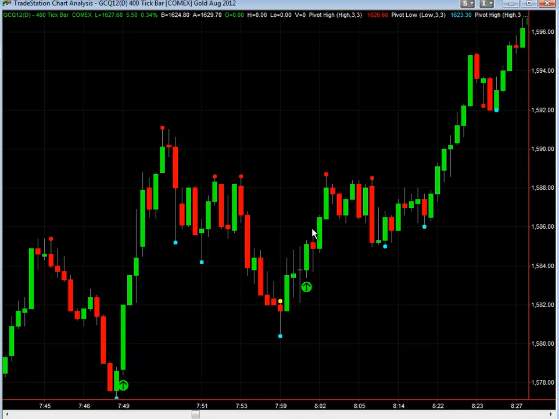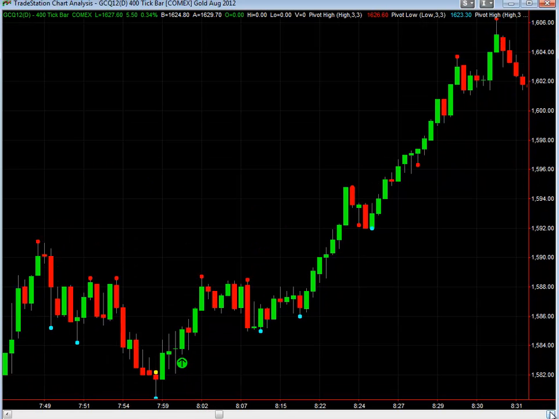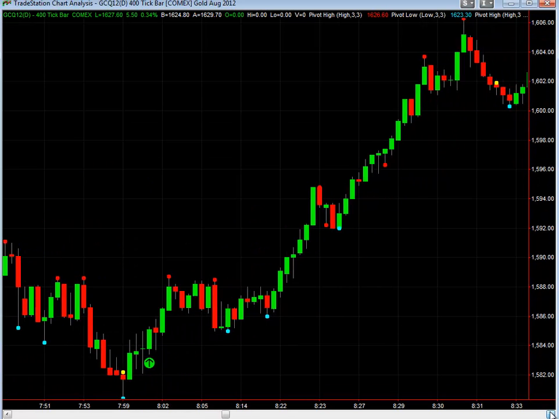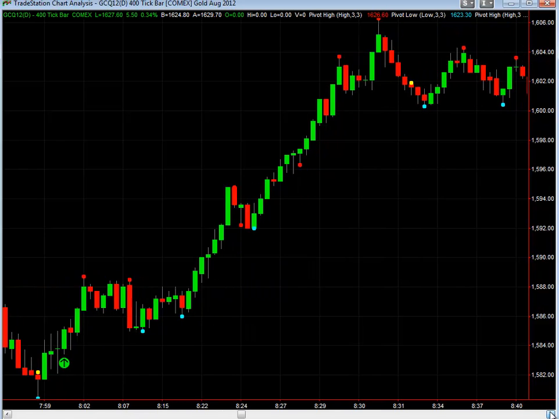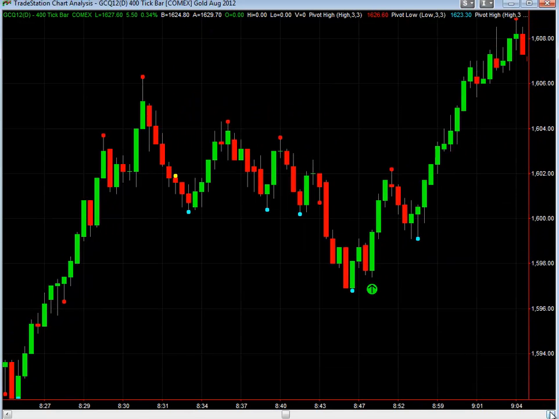These signals have little if any drawdown, and get really good cycle lows and cycle highs. But I'm not even showing you the shorts. I'm just showing you the selective buy signals using a 400 tick chart. Here's another buy signal, like the fifth one, I believe, at 8:48-49 Central.